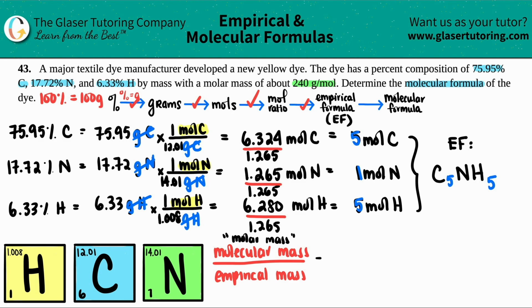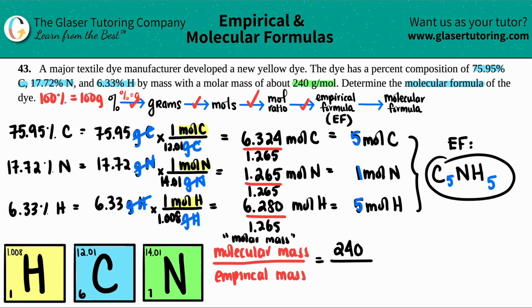So in this case, my top number is going to be 240. Now, do I have to put grams per mole? No, you can. It just gets a little bit more confusing. I just like to plug in the numbers because I know I'm using the right units. And we're going to divide by the empirical mass. This empirical mass comes from the empirical formula.